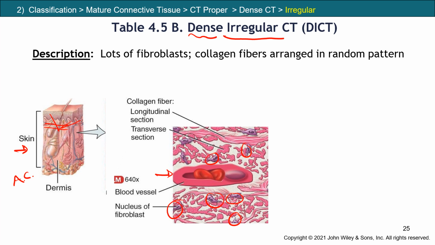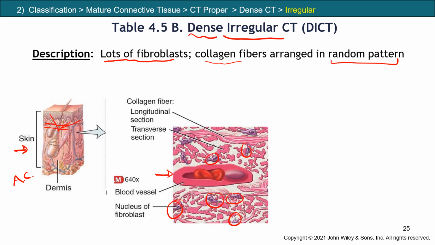First thing that I want you to remember is that there are still a lot of fibroblasts that will produce a lot of fiber, because this is a dense connective tissue. Here you see very little ground substance, but you will see that the collagen fibers are arranged in a random pattern, okay?